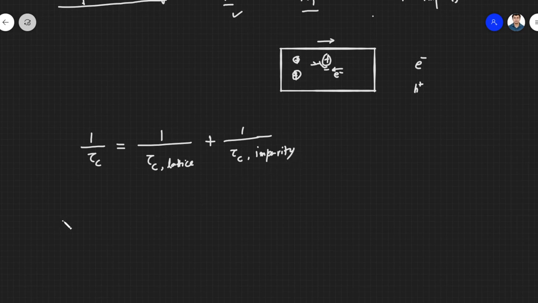And this 1 over tau c we can write as 1 over mu c, because the other two parameters are constant. So 1 over mu c equals 1 over mu L plus 1 over mu I. So the total mobility of the carrier in a crystal structure, this mu c, is related by this relation between these two phenomena, right?